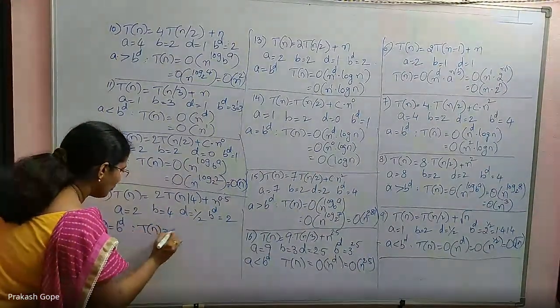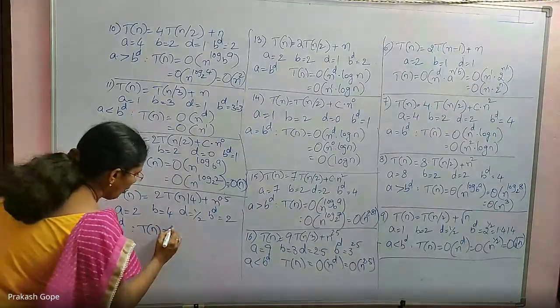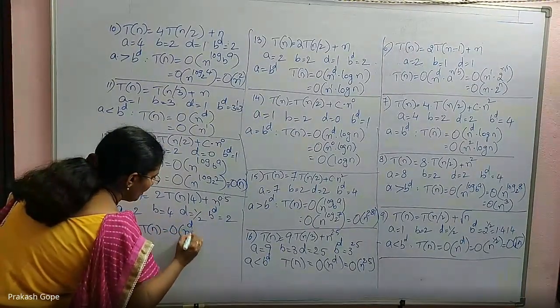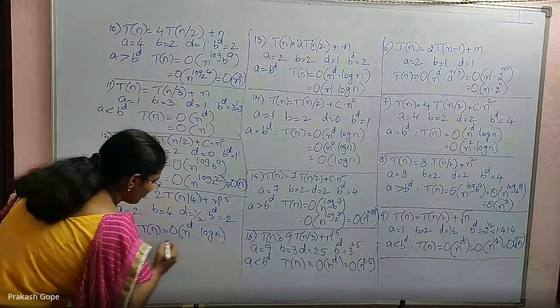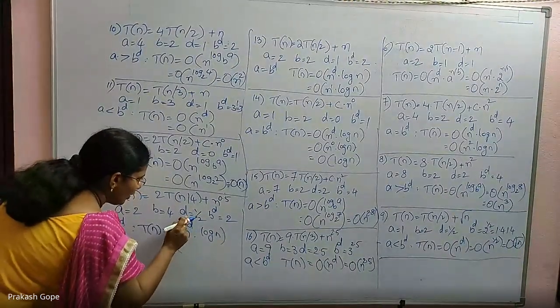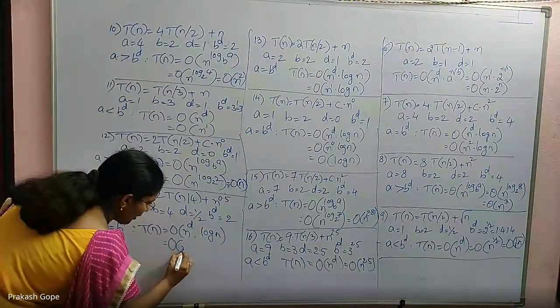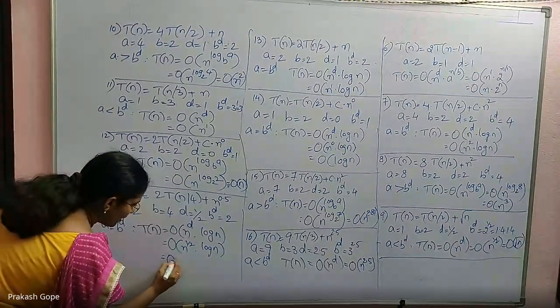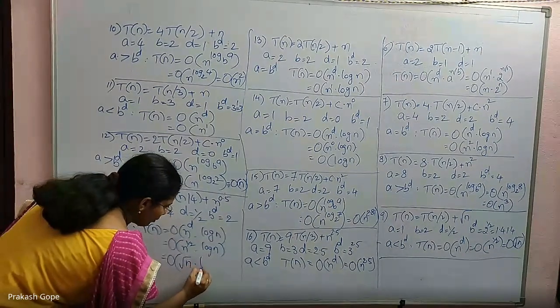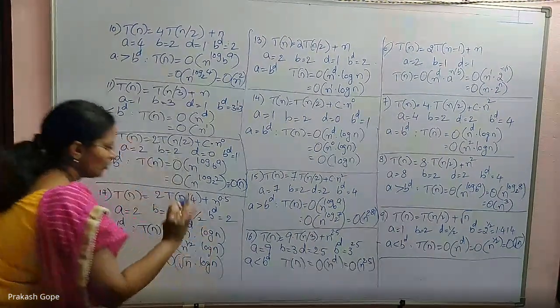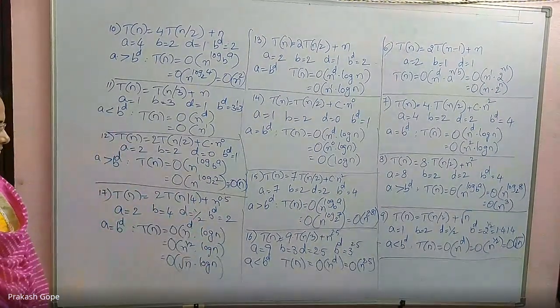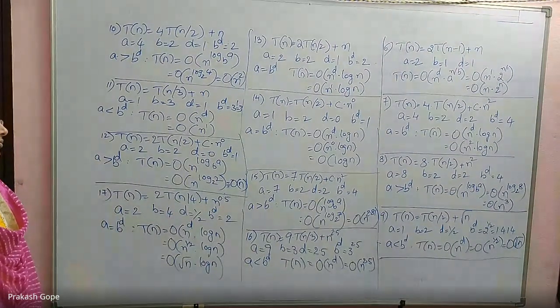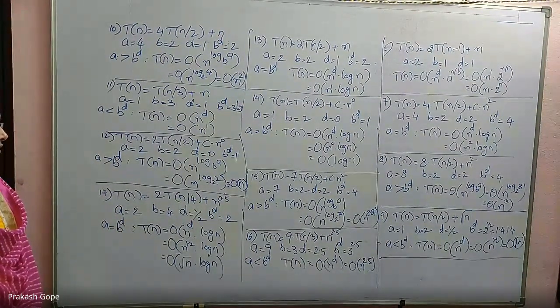So T of n is equal to big O of n power D into log n. D is 1 by 2. So n power 1 by 2 into log n, which can also be written as big O of root n into log n. Root n into log n.